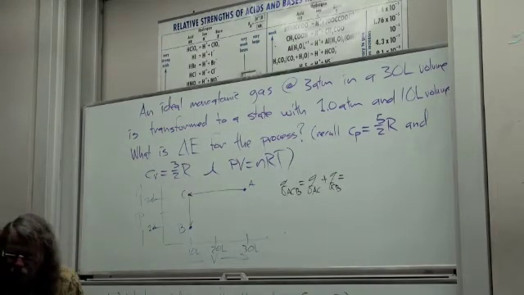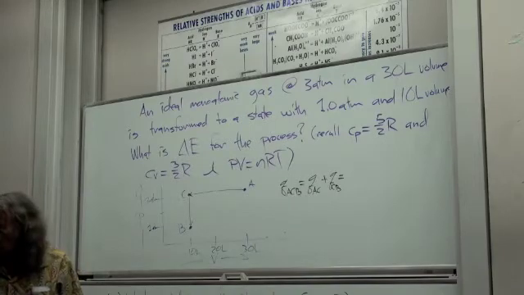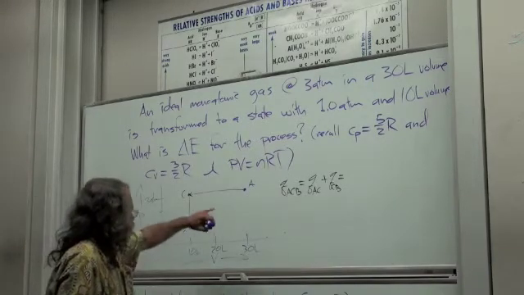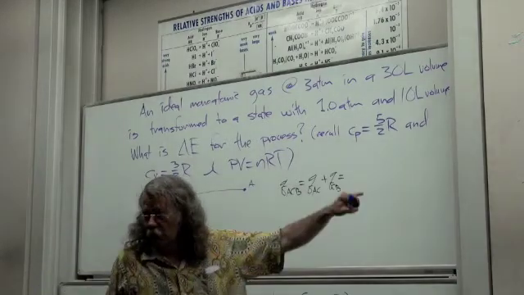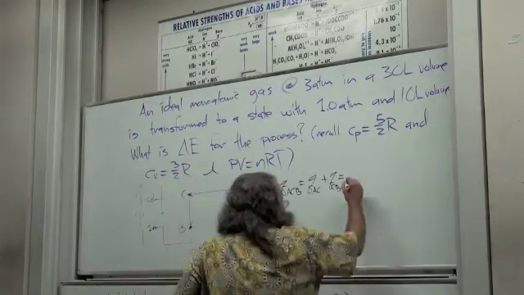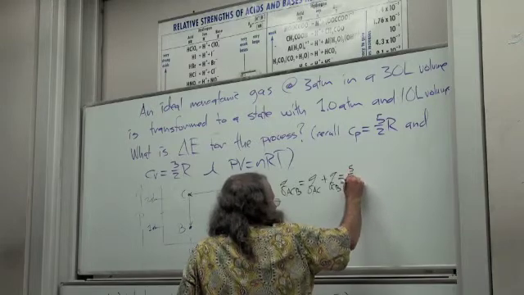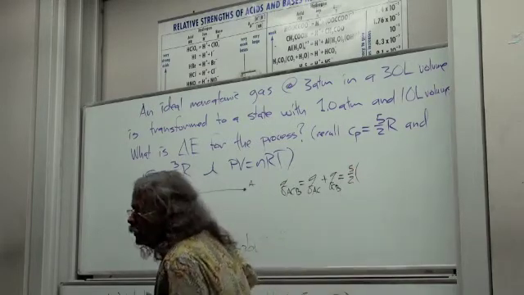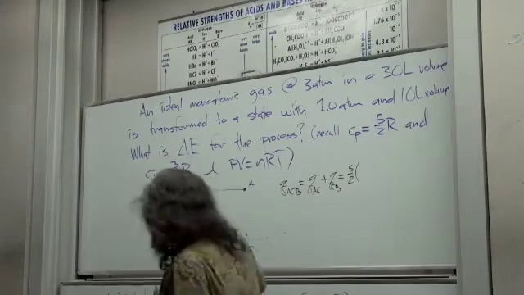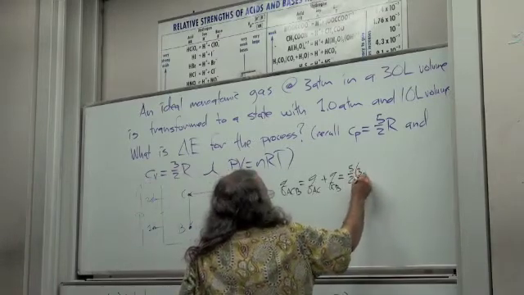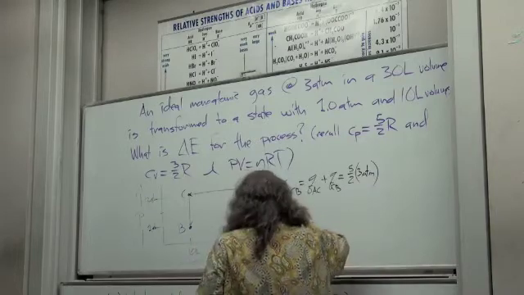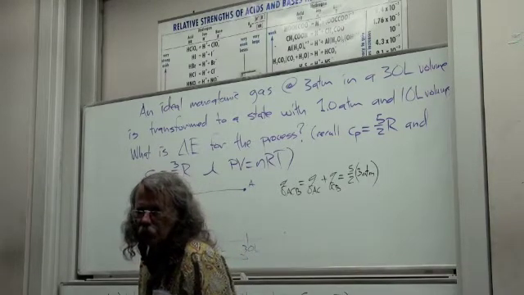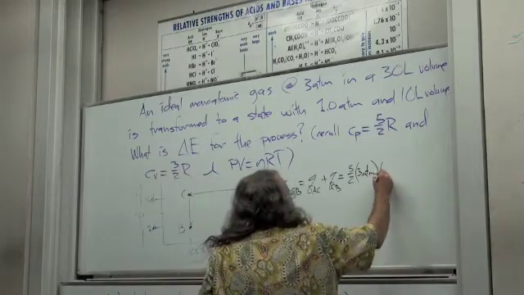I'm going to save you all that derivation because we've already done this before. AC is an isobaric step, therefore it's going to be 5/2 times the pressure, 3 atmospheres, times delta V, which is negative 20 liters.